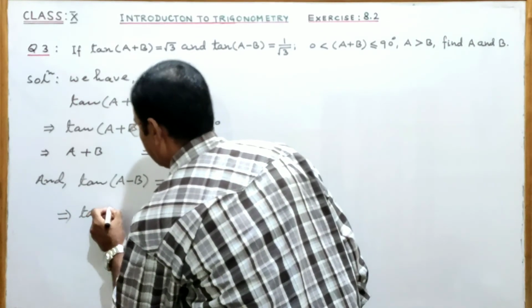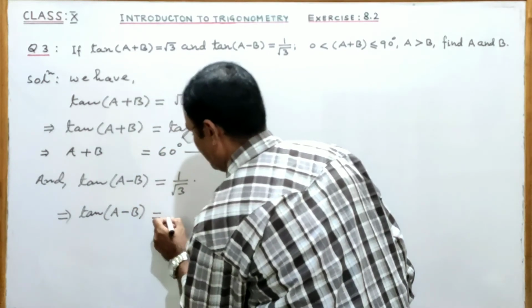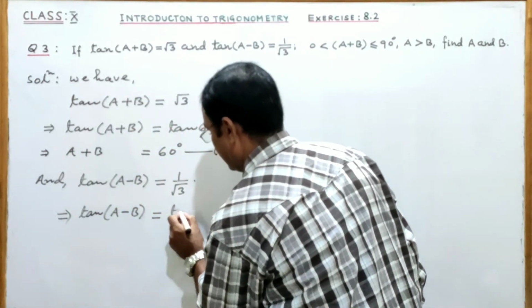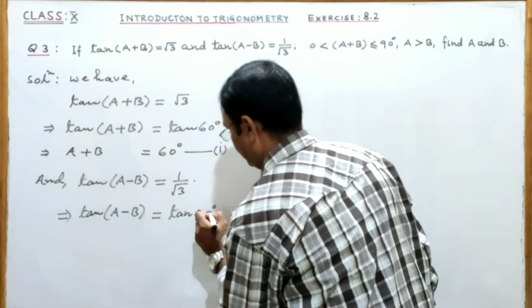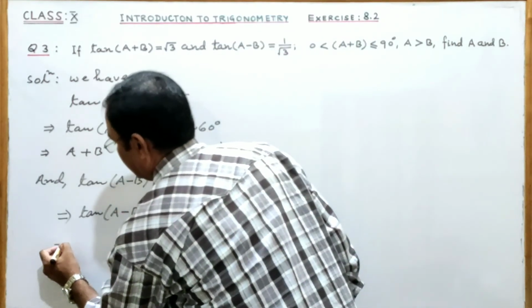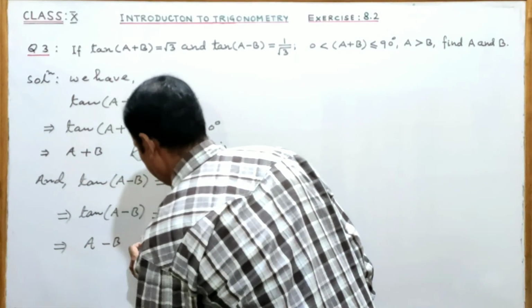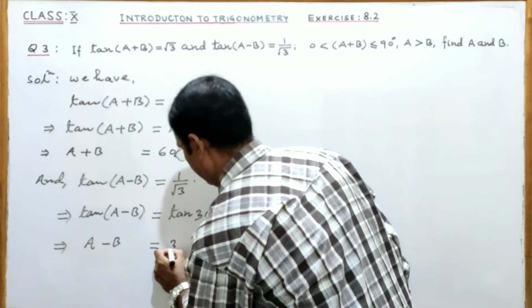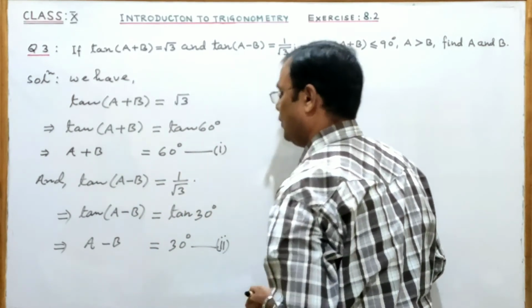So tan (A minus B) is equal to tan 30 degrees. And this further implies that A minus B is equal to 30 degrees, and let it be equation number 2.